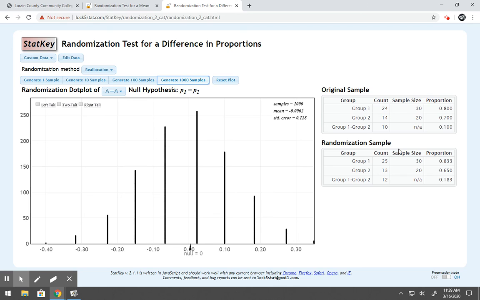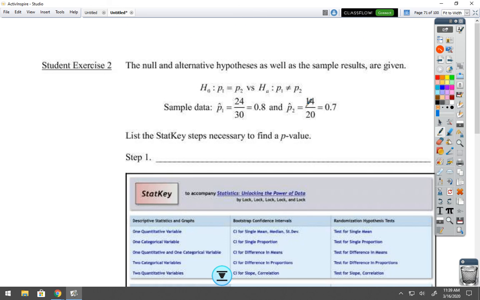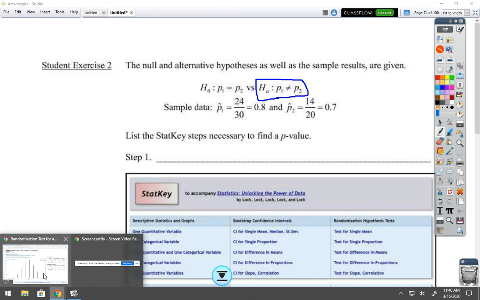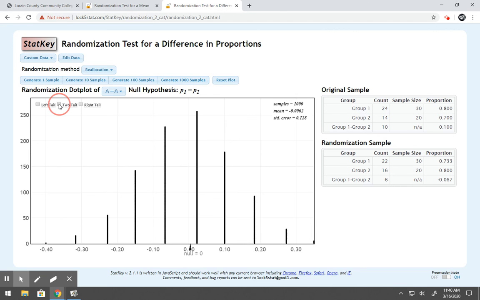If I want to create a two-tailed test out of this, as the book indicates we should do, notice the not equal. This is how I know that I'm doing a two-tailed test because of that not equal. It won't come out and tell us that. It will assume that we are going to look back at it. So I'm going to go back and turn it into a two-tailed test.